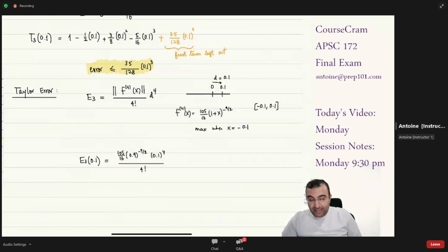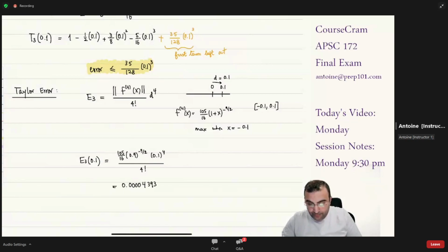And that's the error bound according to Taylor. We can calculate it if you want, but I don't think that matters. So 0.9 to the power minus 9 over 2 times 0.1 to the power 4 divided by 24, and the error is 0.0000439.